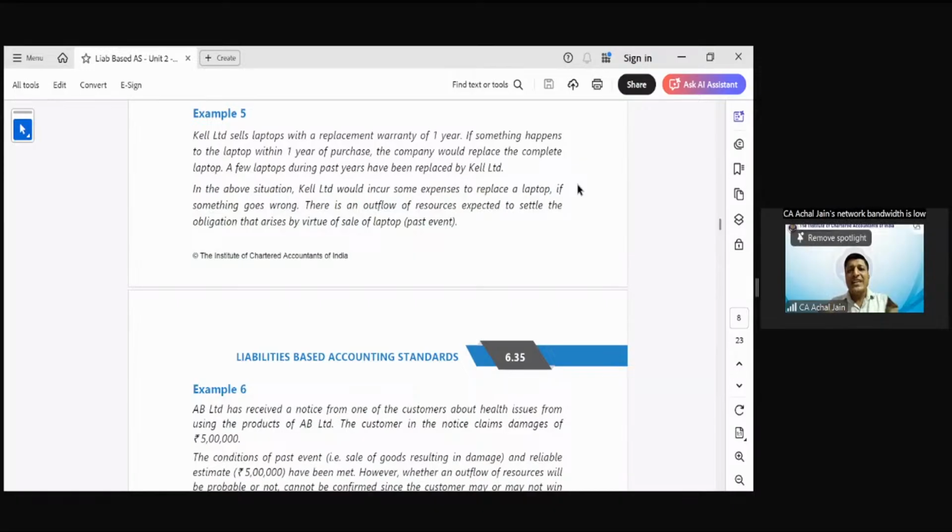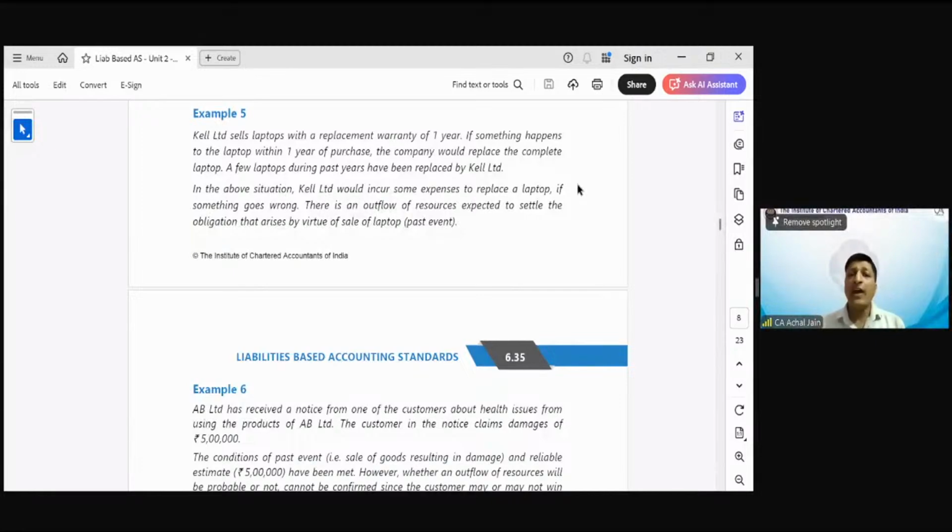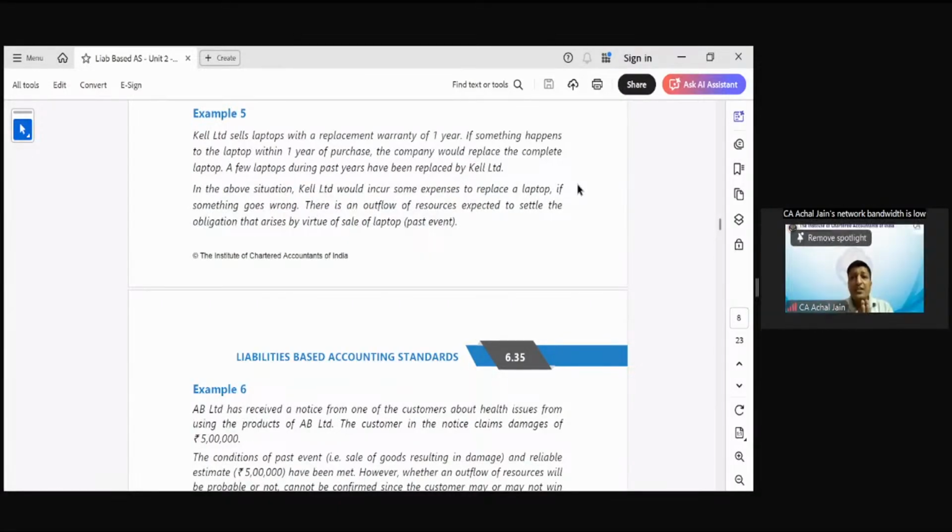The moment you have these three features, only then you can record a liability, or you can say a liability is required to have all three features. Everyone clear on this point? Yes or no? So these are the three important features you need to understand. One is past event, second is obligation, third is that this obligation will involve outflow of resources. Clear? Everyone clear?